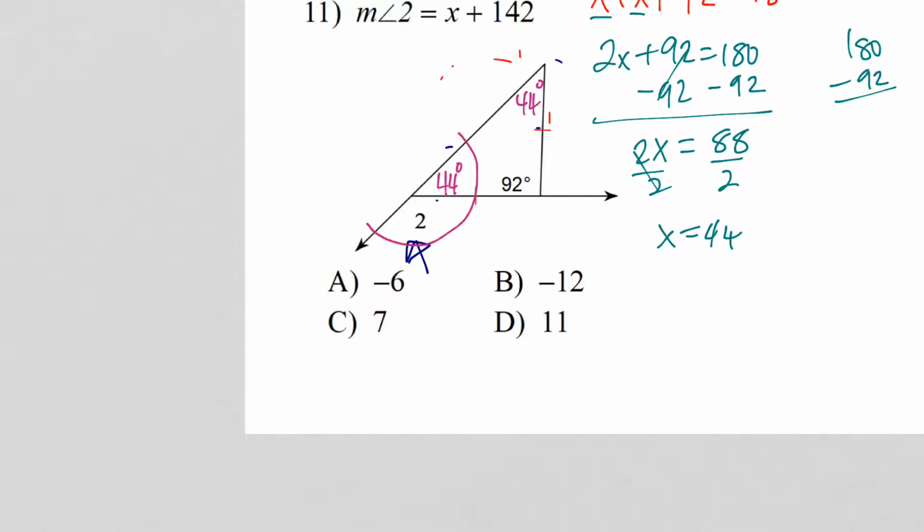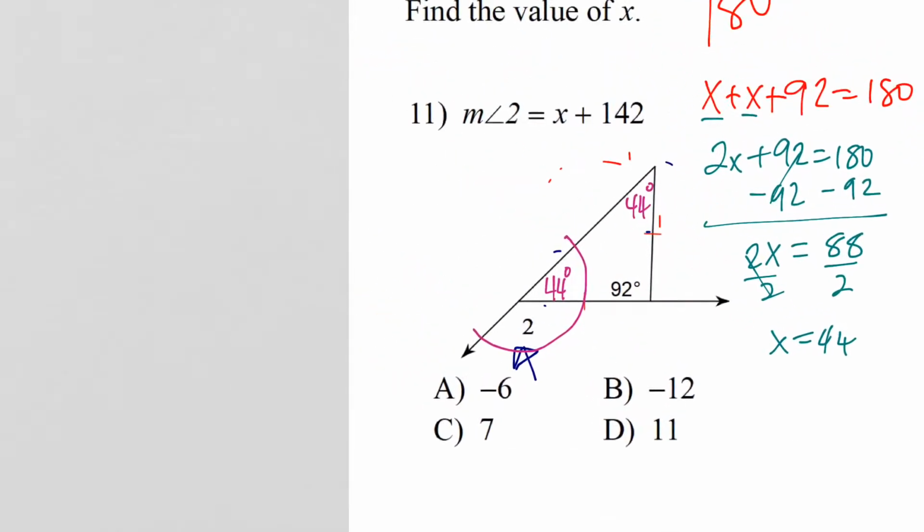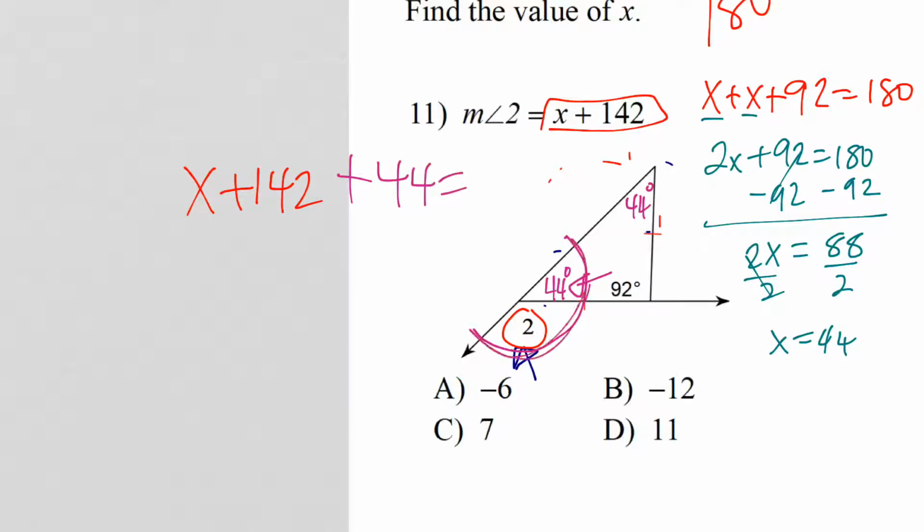But now angle 2 and angle 44 make a linear pair. And I know that they add up to 180. So I'm going to take the measurement of angle 2, which is x plus 142, and I'm going to add them up with 44. And again, this is a linear pair because it makes a straight line, 180.